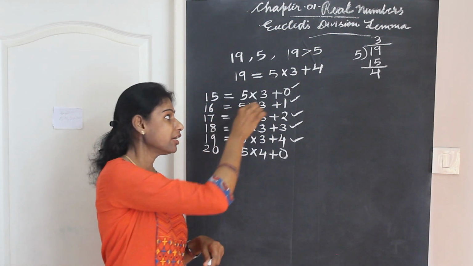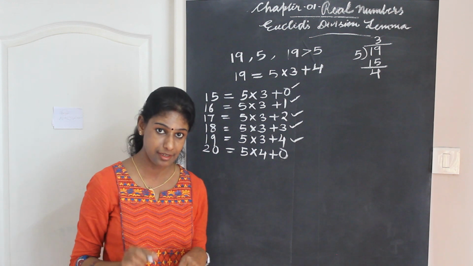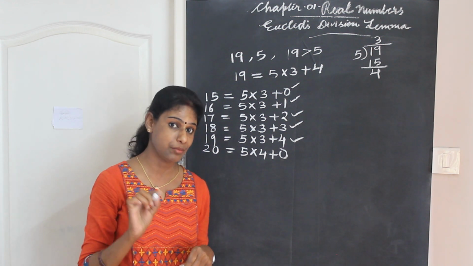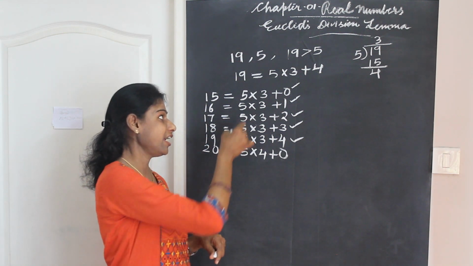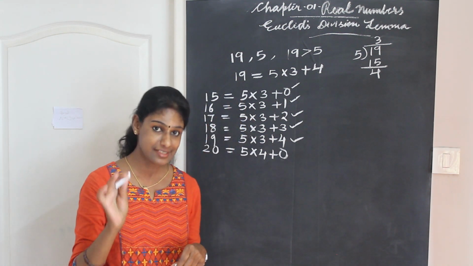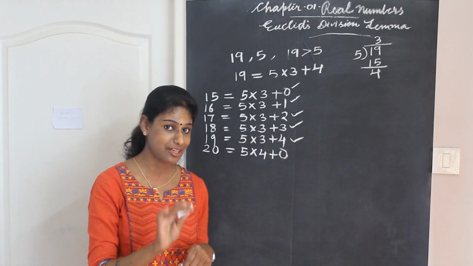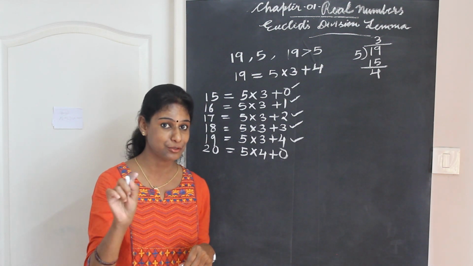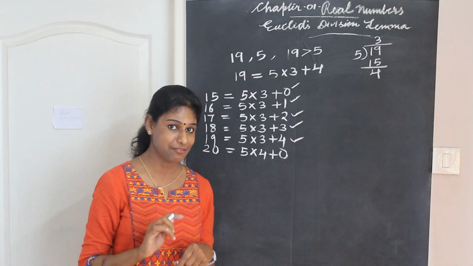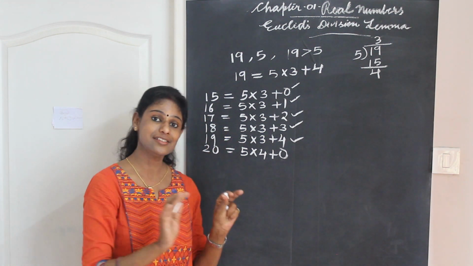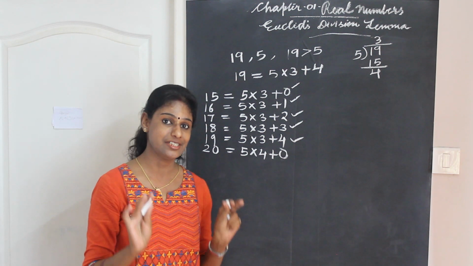divisor. So if we are taking the divisor as 3, then the values of the remainder will be 0, 1 and 2. If we take this divisor as 6, then the values of the remainder will be 0, 1, 2, 3, 4 and 5. One less than that of the divisor. So this is actually Euclid's division lemma.